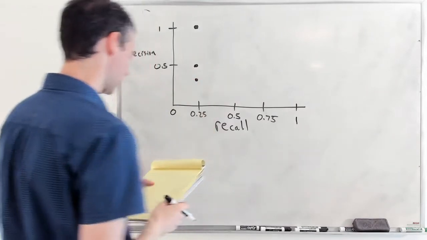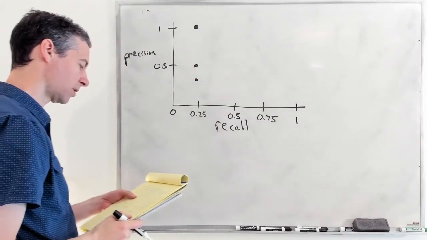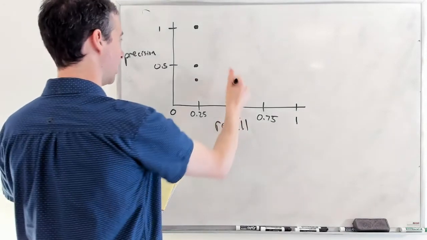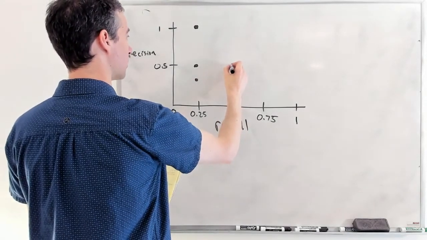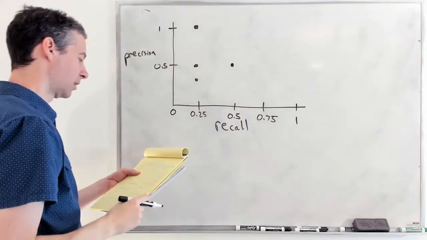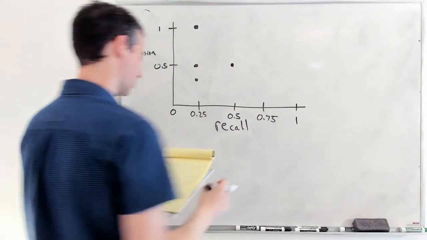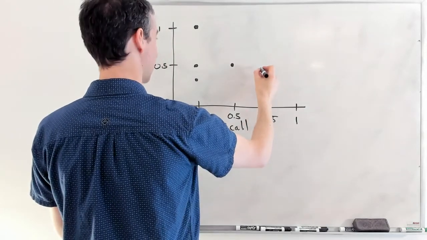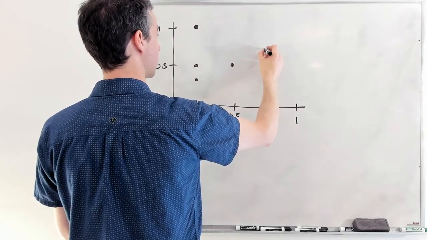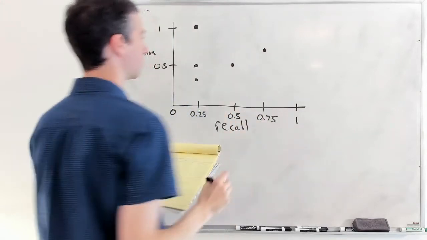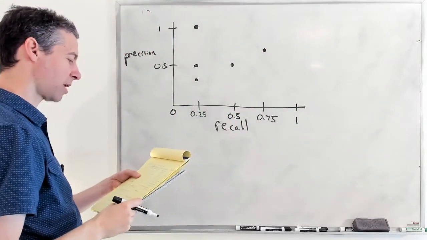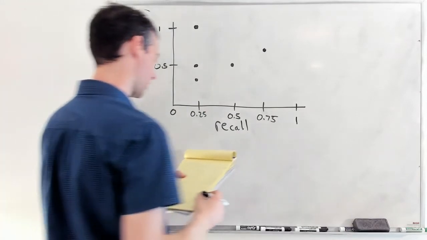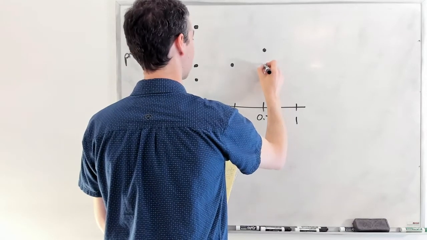Then, once we found our second relevant document, our recall now moves to 0.5, and our precision is at 0.5. Then we find another one, and this time it goes up to 0.6. I'm maybe exaggerating the view here for purposes of illustration.